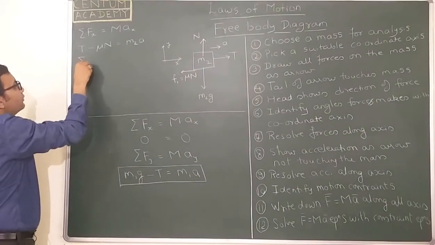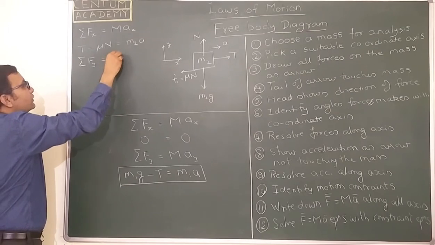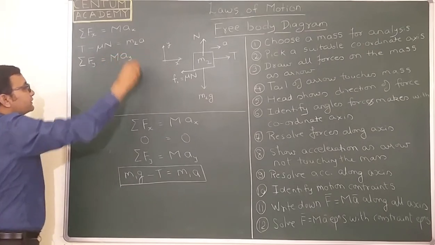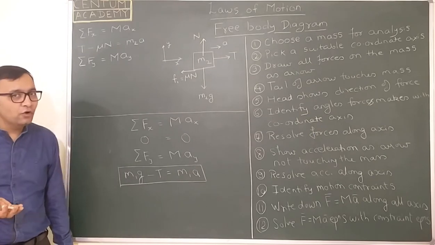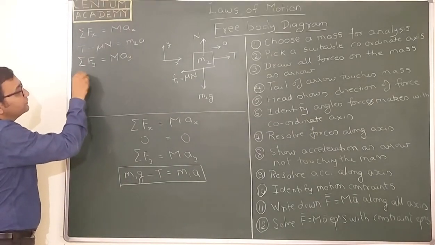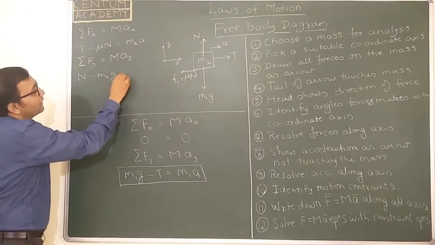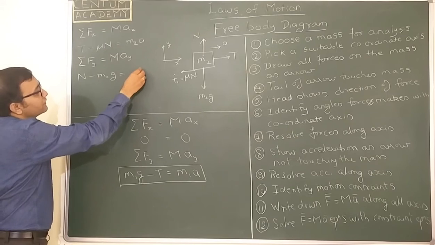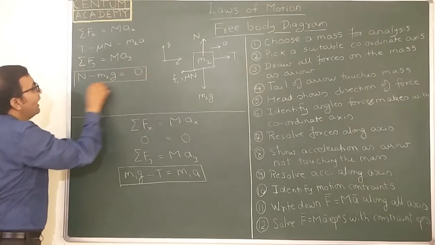And if I write down sum of all forces along y direction equals mass and acceleration along y direction, then I know that acceleration along y direction is 0. Fine. So normal reaction minus m2g is equal to 0.